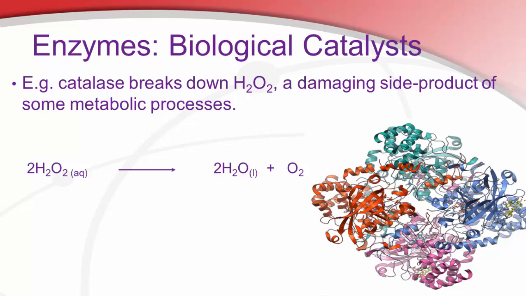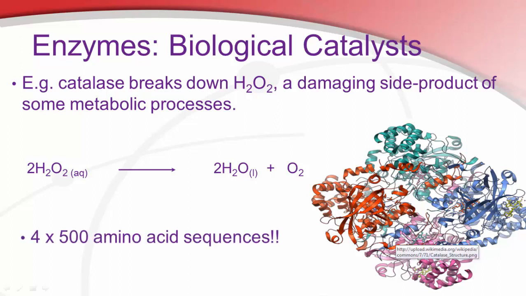And again, we've already talked about how slow this reaction is without a catalysis occurring. Well, the good news is we have enzymes that perform the same process as manganese dioxide, helping to speed the breakdown of damaging hydrogen peroxide into innocuous liquid water and oxygen.